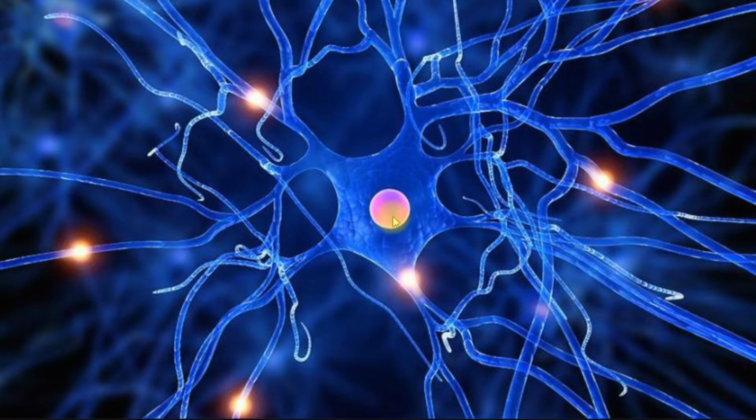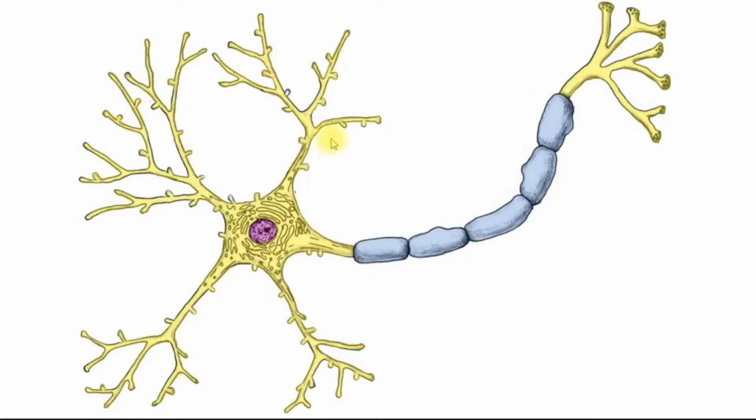So let's begin from the neuron or nervous cell. Here we can see the structure of a nervous cell or neuron, and it has a cell body, or it's called perikaryon. Karyon means nucleus, so perikaryon is that part of the neuron which contains the nucleus.